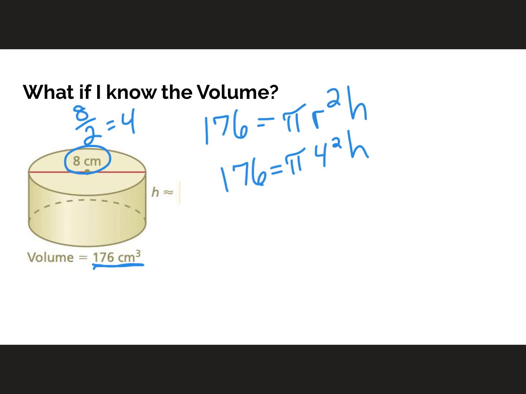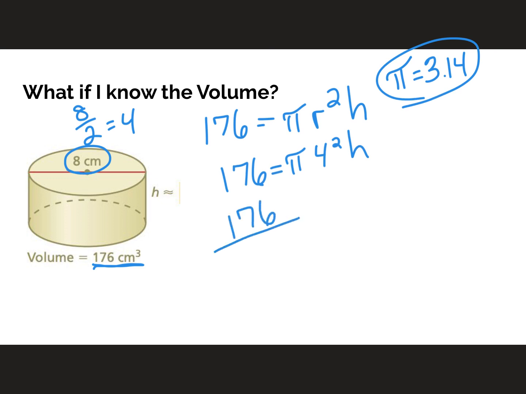So in this case, we are going to use pi equals 3.14 as our approximation of pi. So please make sure that you use that. So I'm going to do 176 divided by 16 times pi to get h.